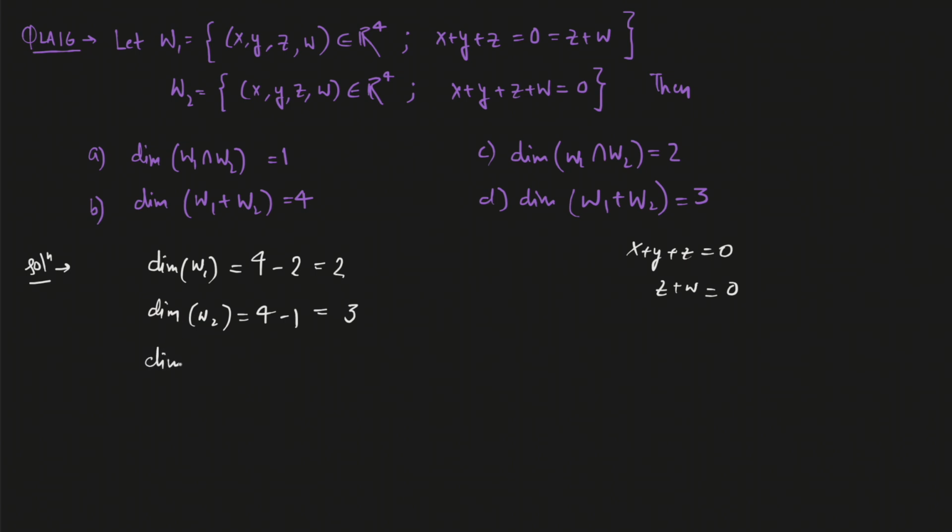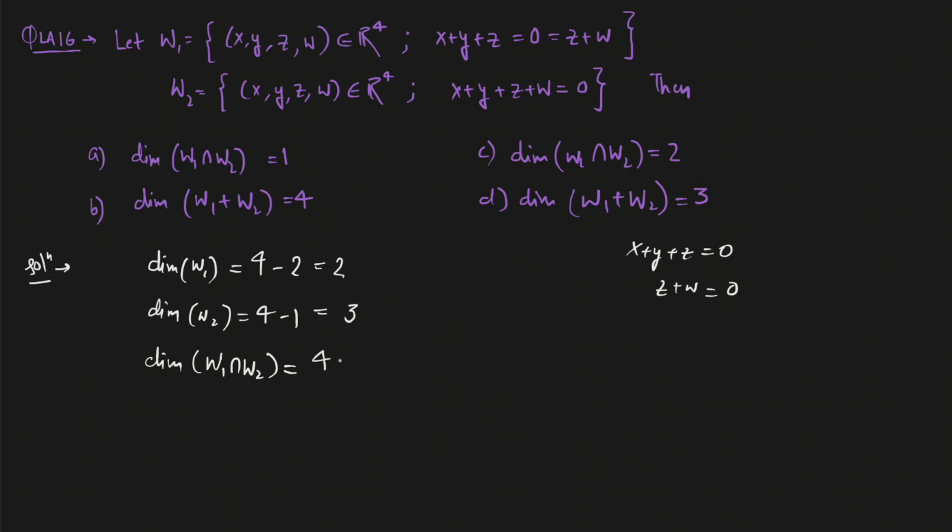For example, we need to calculate the dimension of W1 intersection W2. Because W1 and W2 belong to R4, their intersection will also belong to R4. We need four values to represent a vector belonging to the intersection.